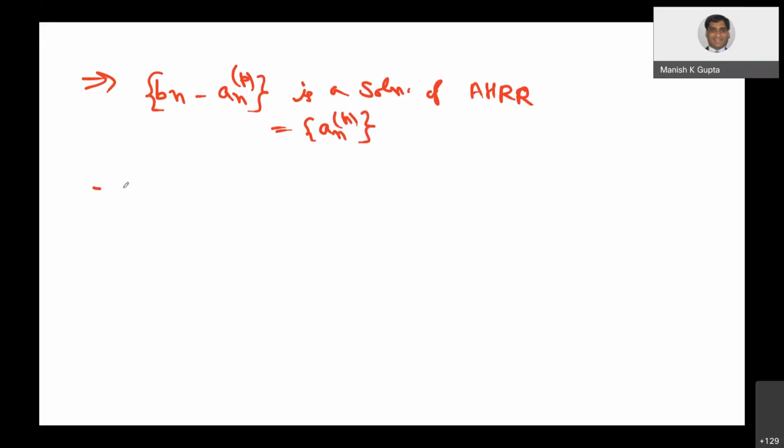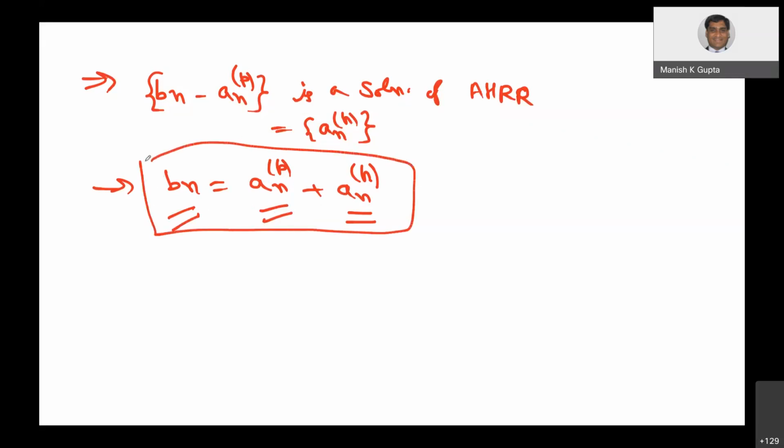So b_n is equal to a_n^(p) plus a_n^(h). a_n^(h) is a solution of the homogeneous equation, a_n^(p) is the particular solution of the non-homogeneous equation, and b_n is a general solution of the non-homogeneous equation. So this is the result: the general solution is the sum of the homogeneous solution plus a particular solution.